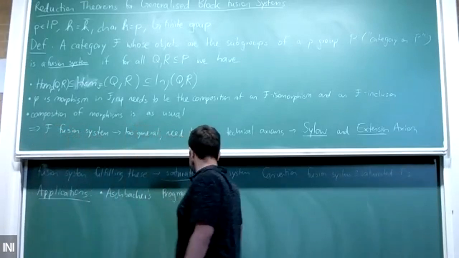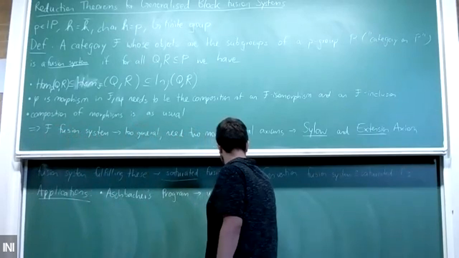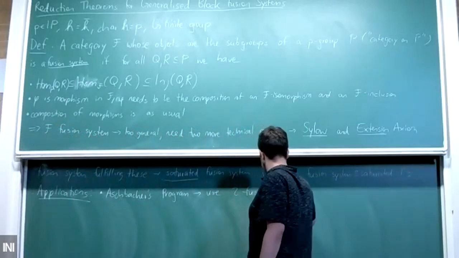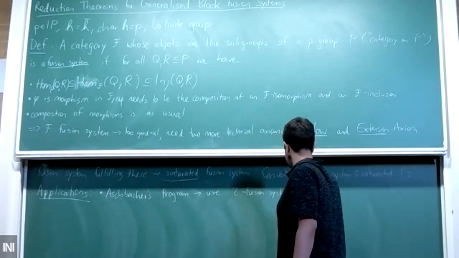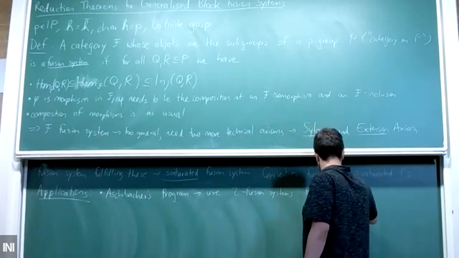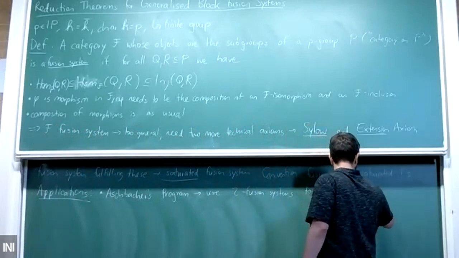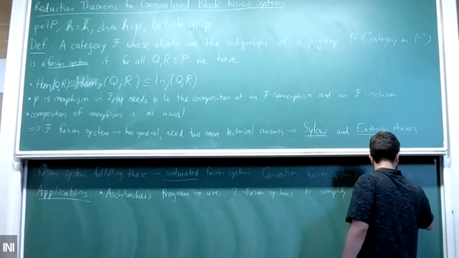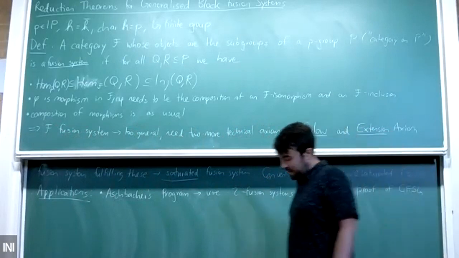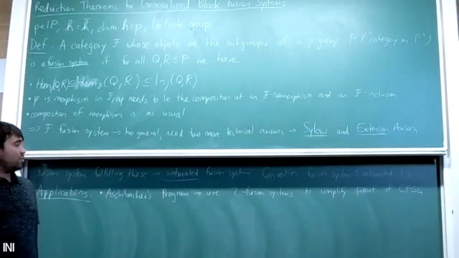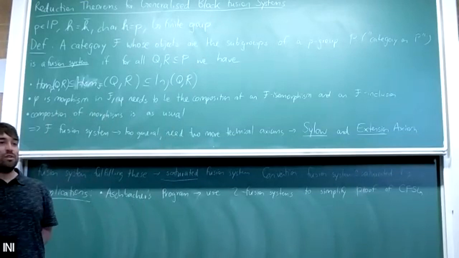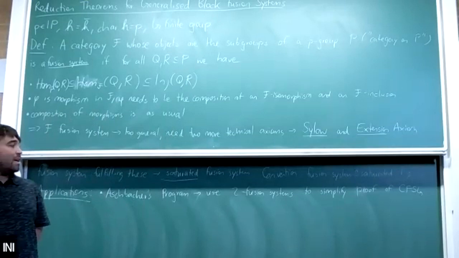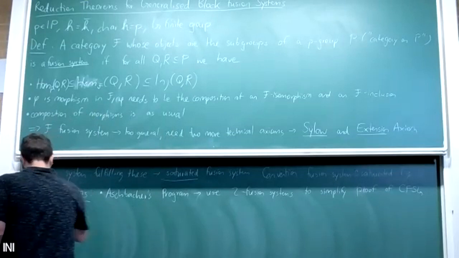The idea is to use fusion systems on 2-groups to simplify the proof of the classification of finite simple groups. The normalizer of a 2-group is called a 2-local group, and those 2-local groups can have 2-prime normal subgroups, and they cause some issues in the proof. But by using fusion systems, we can get rid of these problems.